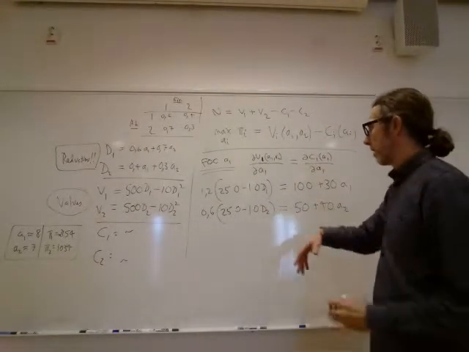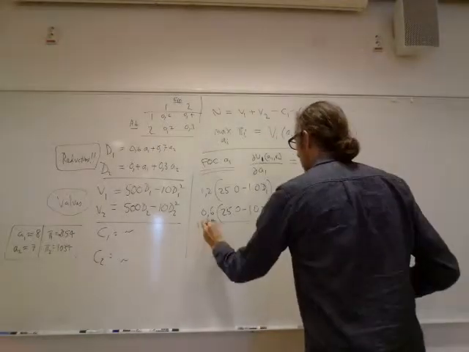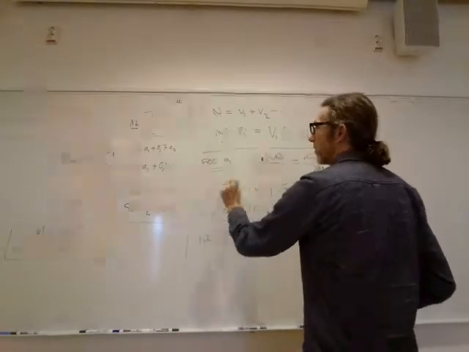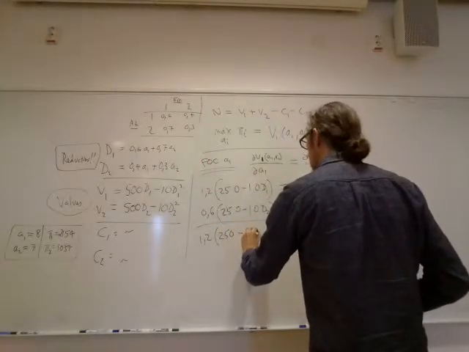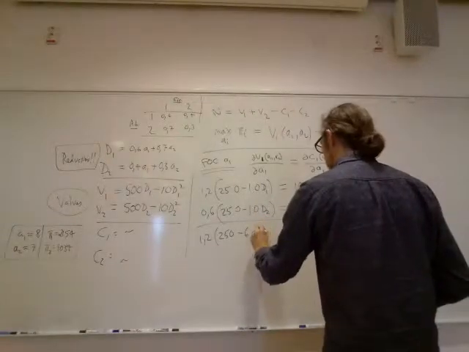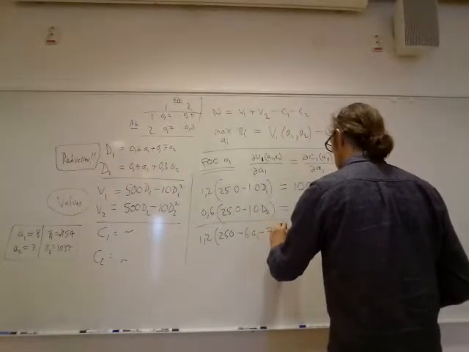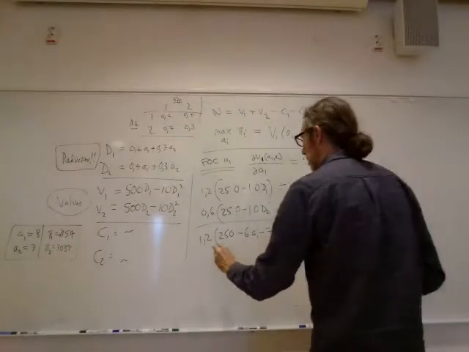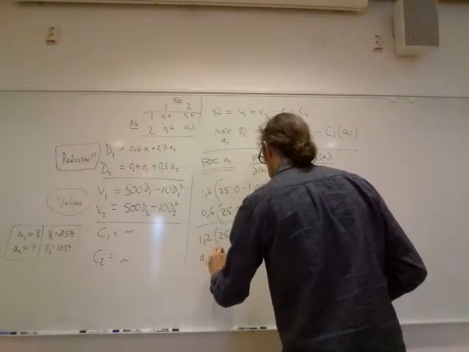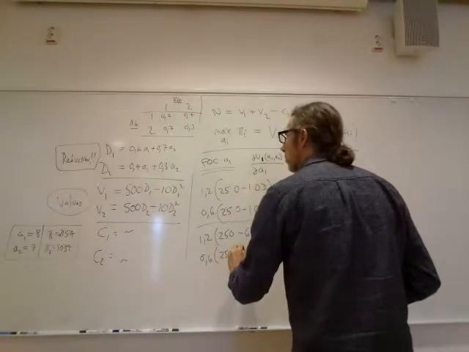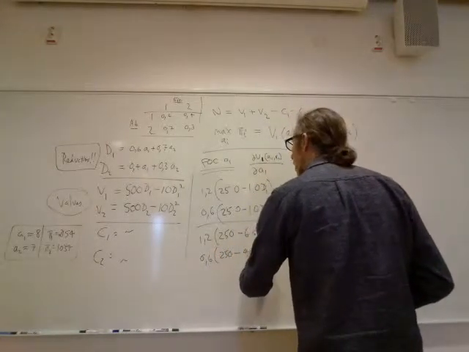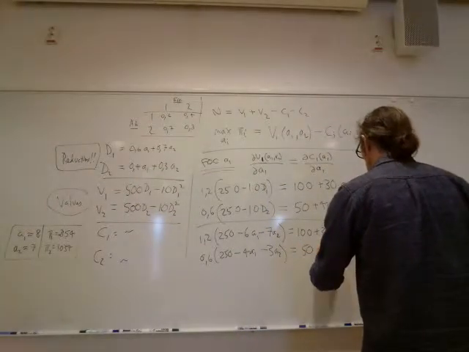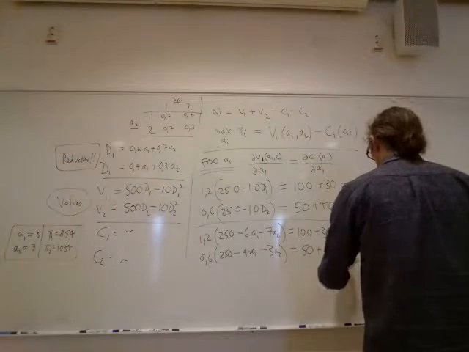And then we have 1.2 times 250 minus 6A1 minus 7A2 is 100 plus 30A1, and 0.6 times 250 minus 4A1 minus 3A2 is 50 plus 40A2.